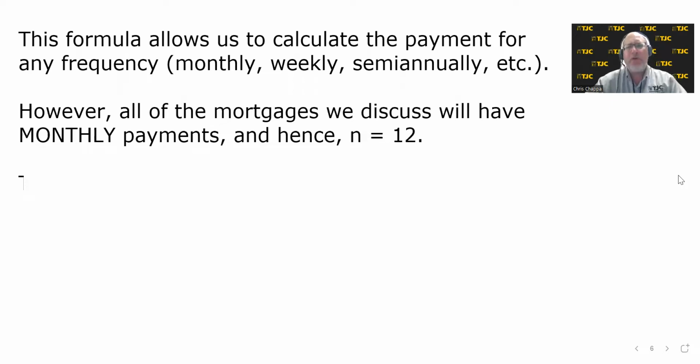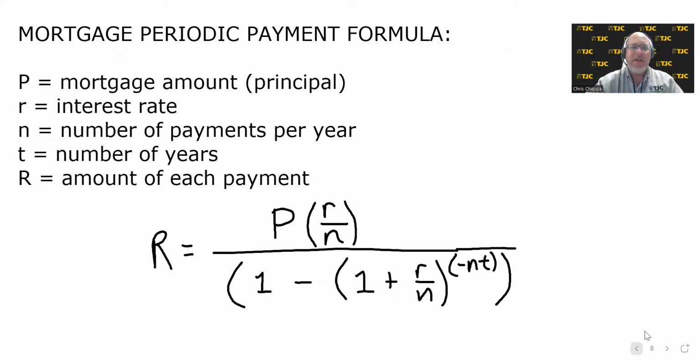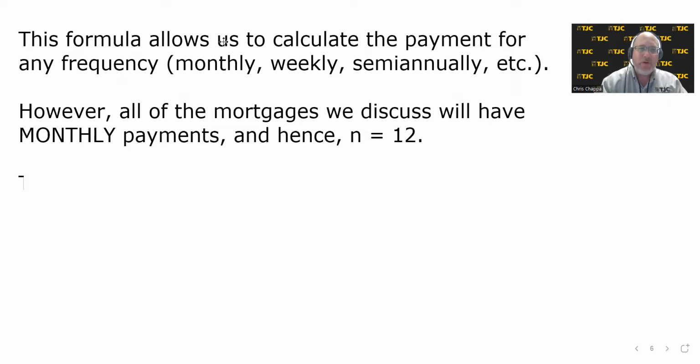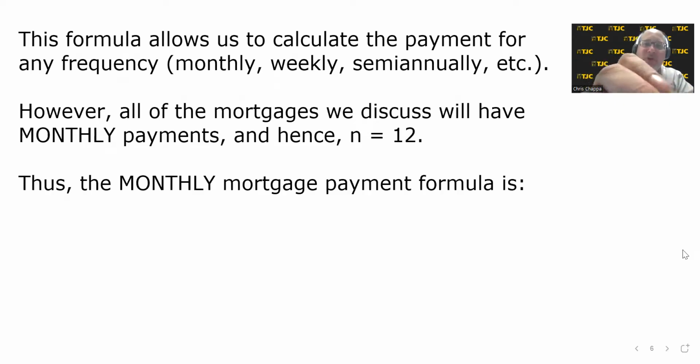Well, if all of our problems are going to have N equals 12, then there's really no need to have the N in the formula when we can just put a 12 there. So if we're doing specifically monthly payments, and again, I believe most, if not all of them will be, then the formula is going to lose the N.